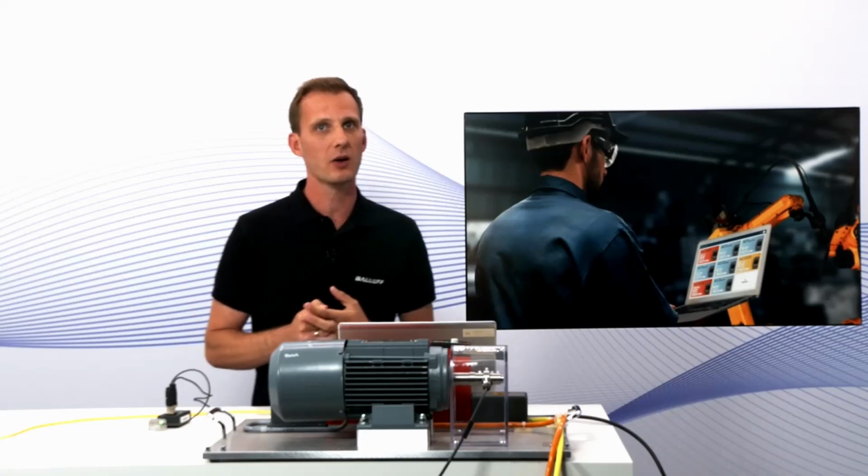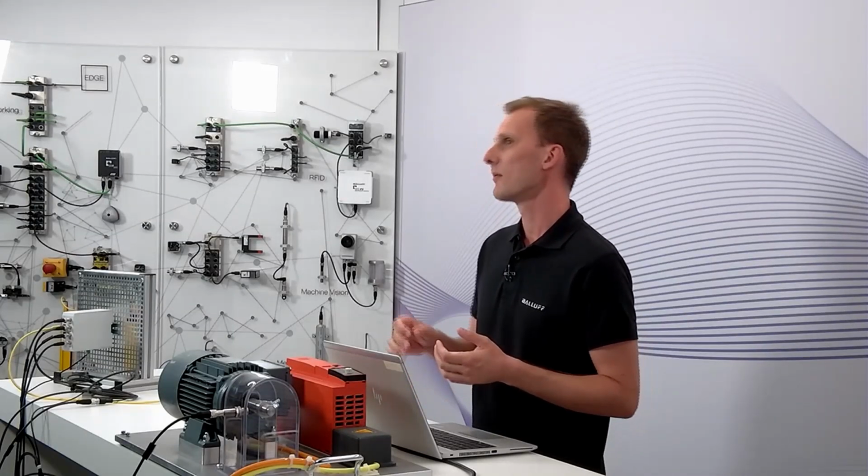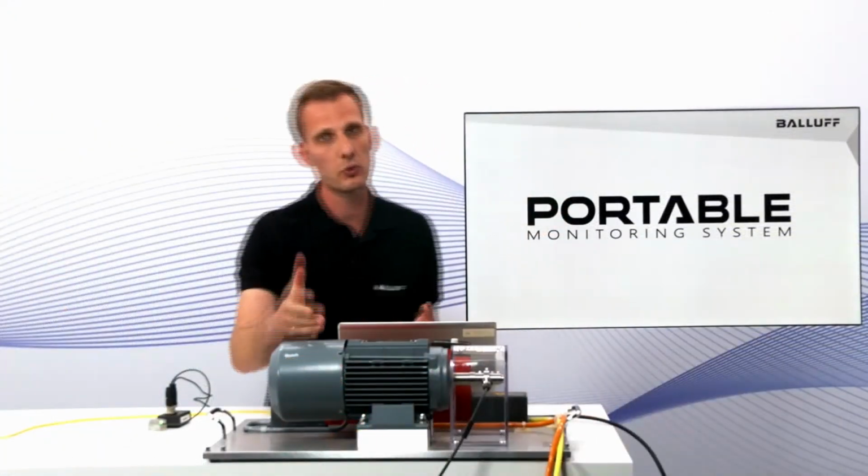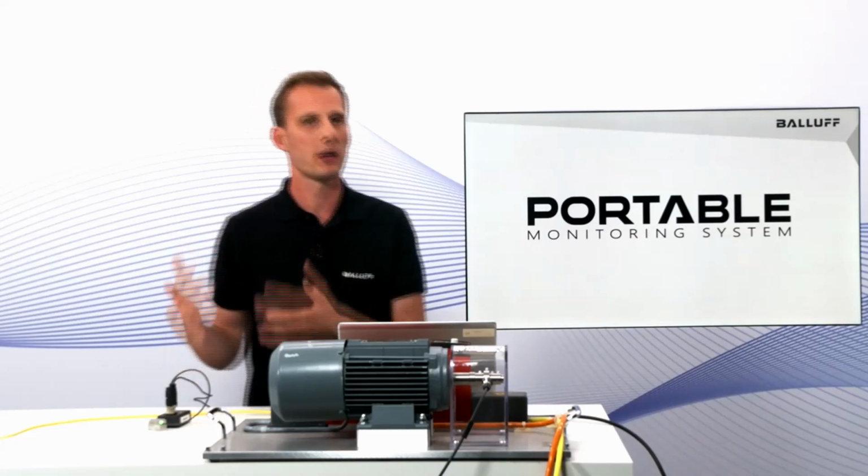Basically, how is this done today? Today, many of the maintenance colleagues that I talk to are doing this manually. Manually means they write some information down, some measurement values from a motor or a machine or a pump.